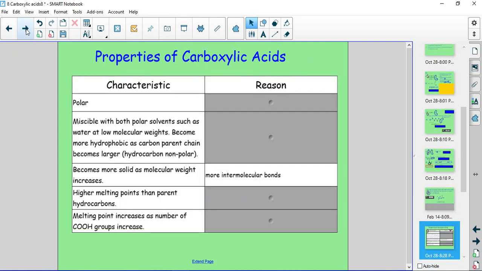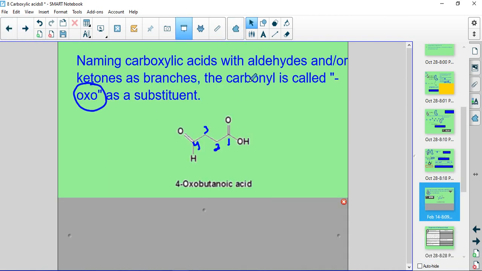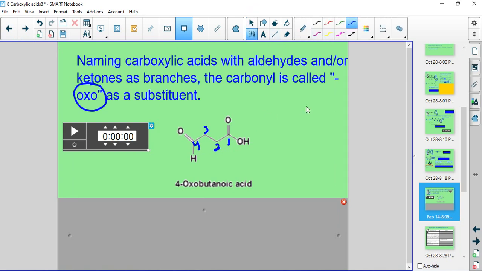Okay, that's really it for nomenclature. Now we can go over characteristics or properties of carboxylic acids. We see that carboxylic acids are very polar. They have this end here that will give you hydrogen bonding.